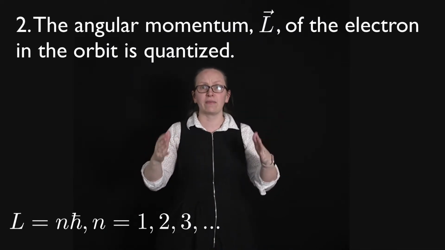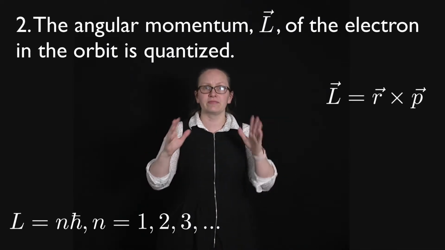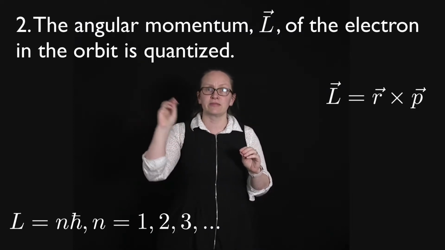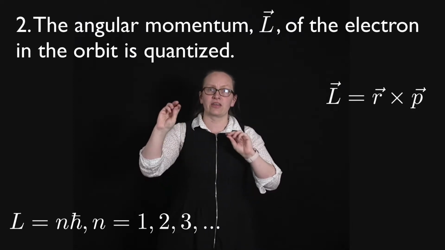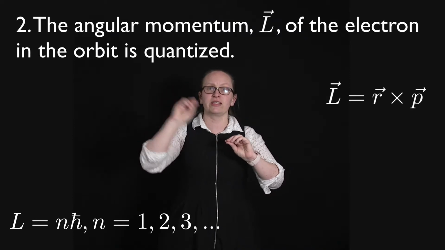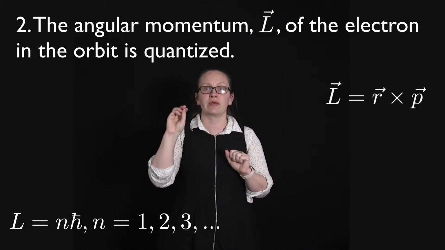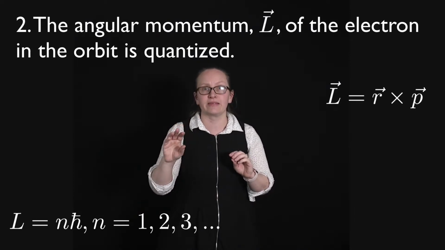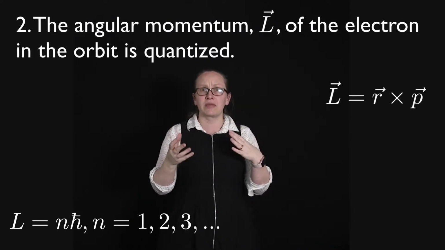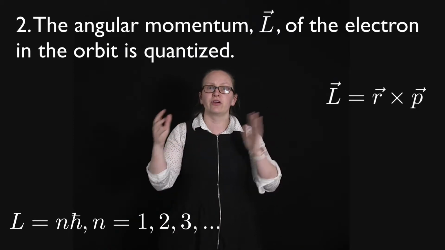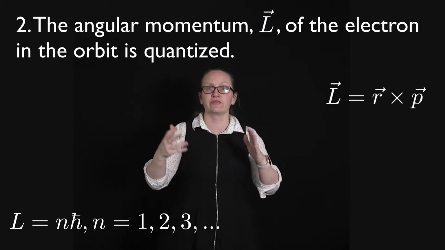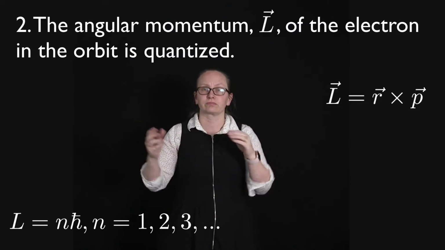So just to recap, the angular momentum vector is given by r cross p, where r is the displacement of the particle, so that's the distance from the origin in a direction from the origin to where the particle is, and p is the momentum. So angular momentum is the rotational version of momentum, much like the torque is the rotational version of the force.